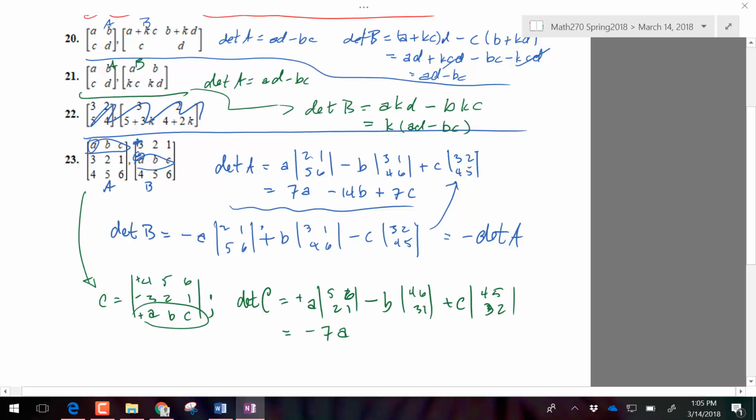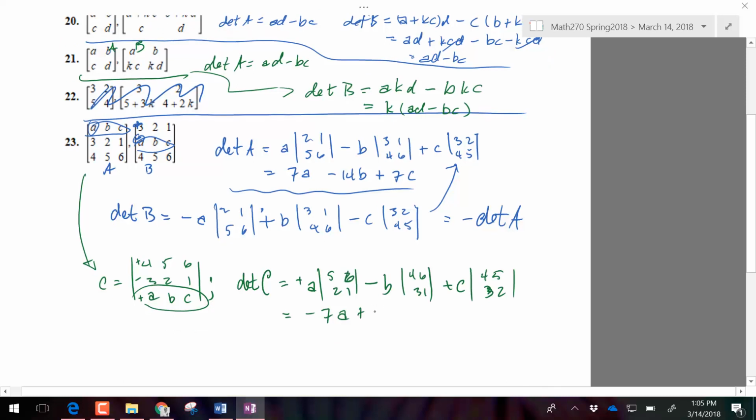So this is 4 minus 18, so it's negative, and negative and negative is a positive. And then we have 8 minus 15, and then we see that that's the opposite of the determinant of A again. So any swap will generate a negative of your determinant.